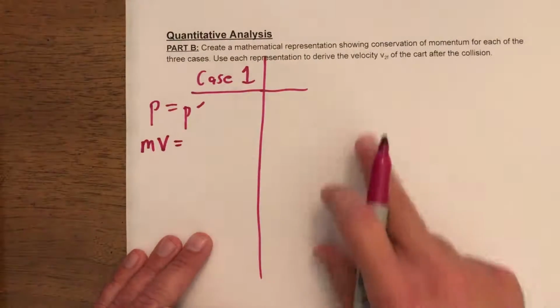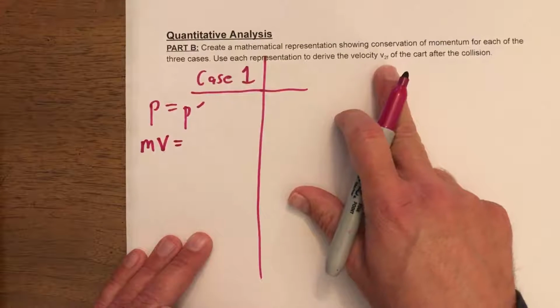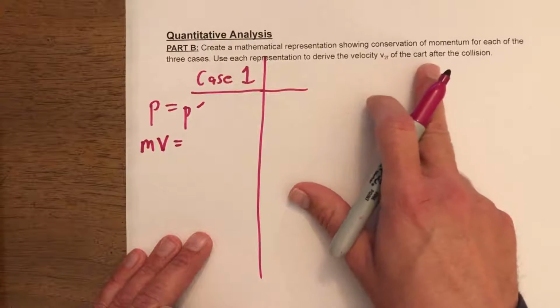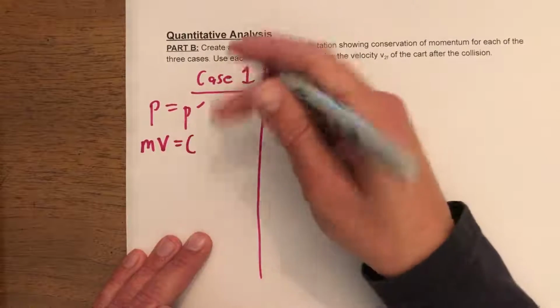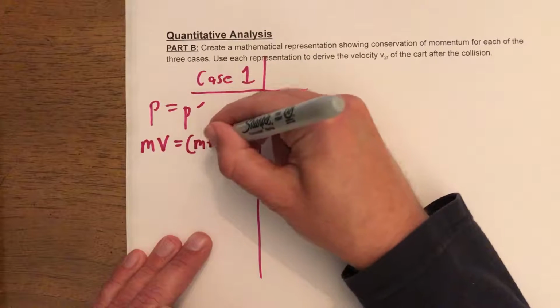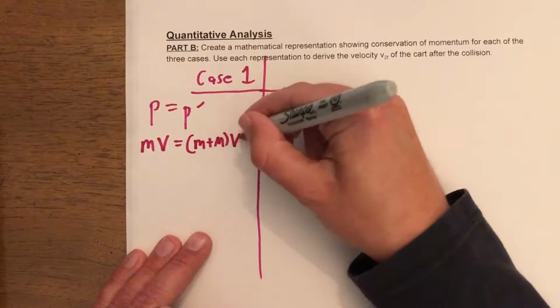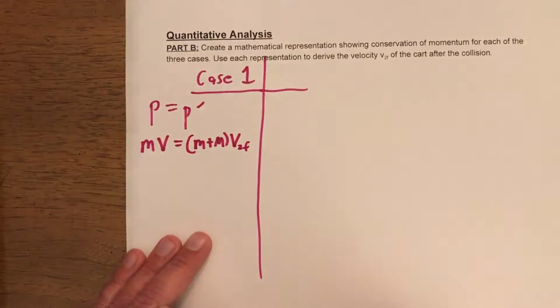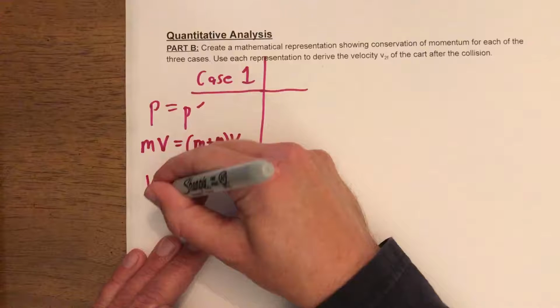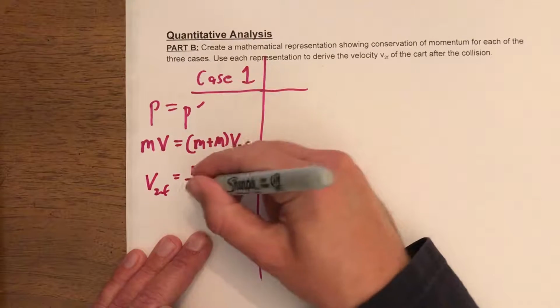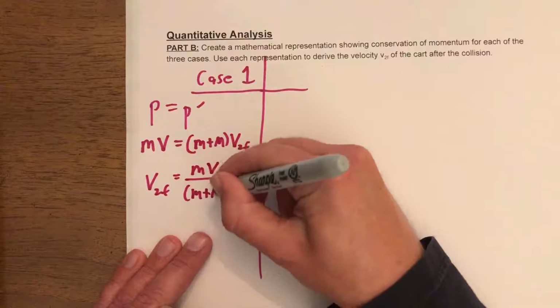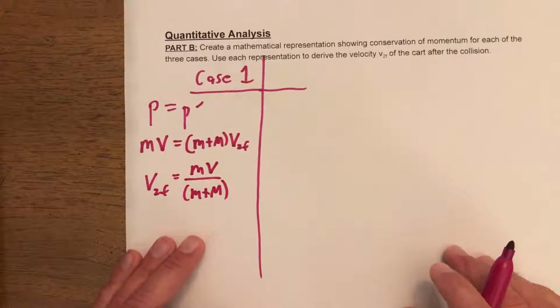And let's solve for, in each case, the v2f. So that is the velocity of the cart afterwards. Well, in this case, there's a combined mass in case 1. So it would be the little m plus the big M times this v2f, they're calling it. So when we go to solve for v2f, it would be mv divided by their combined mass, like that.